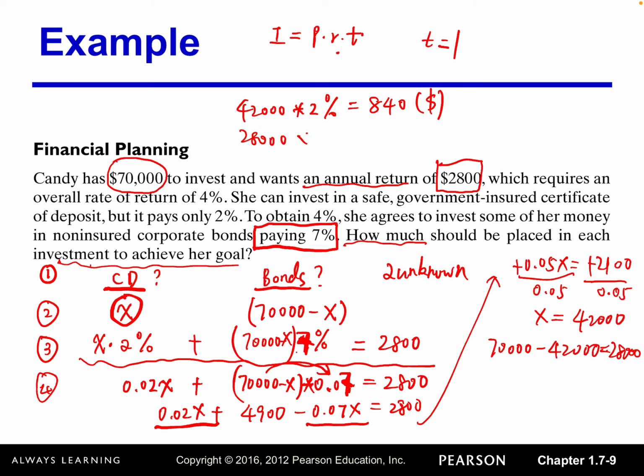And then 28,000 times 7%, that's the investment buying bonds. How much interest do we make from the bonds? That's $1,960. Let's add these together: 840 plus 1,960, is that the same as the 2,800 overall annual return? Yes, that's 2,800. So we verified the solution. That's correct.